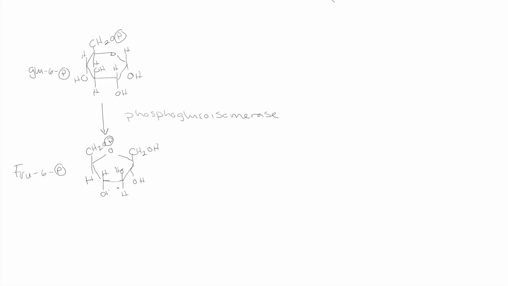So speaking of energy, what does this reaction look like? Delta G, under standard state conditions, is 1.67 kilojoules per mole. And under biological conditions, it's about negative 2.9 kilojoules per mole.